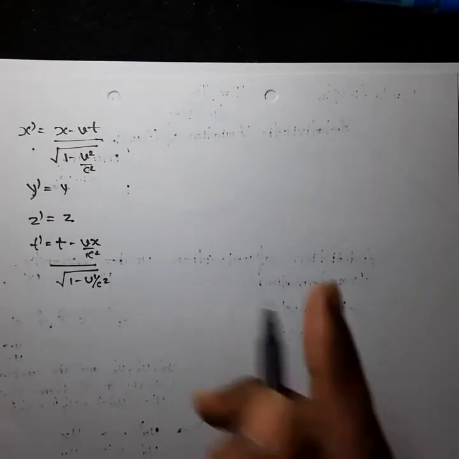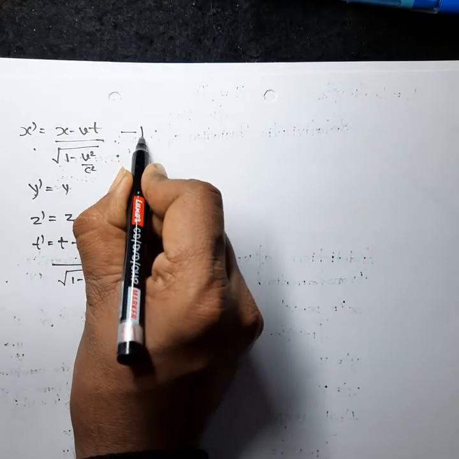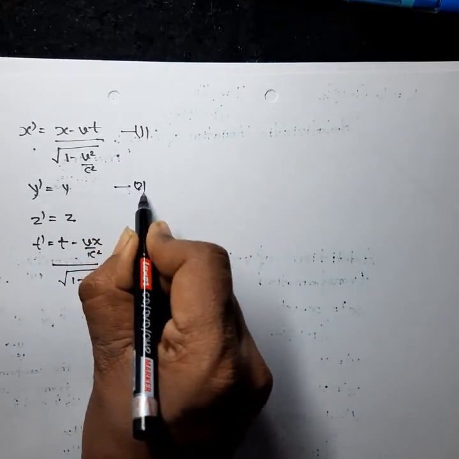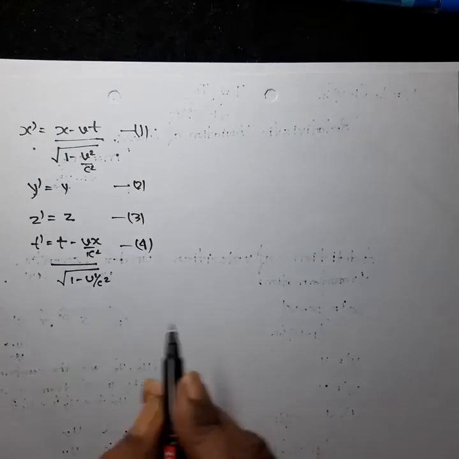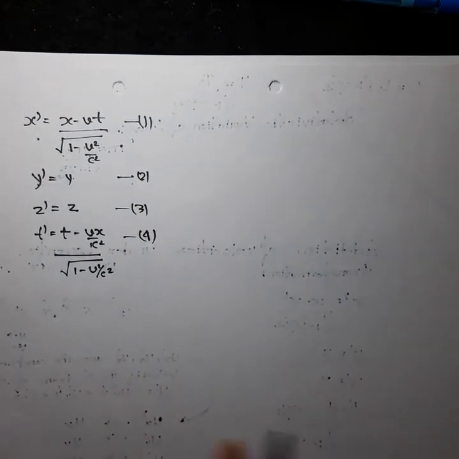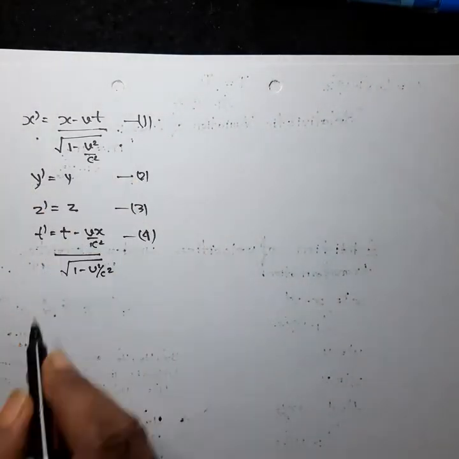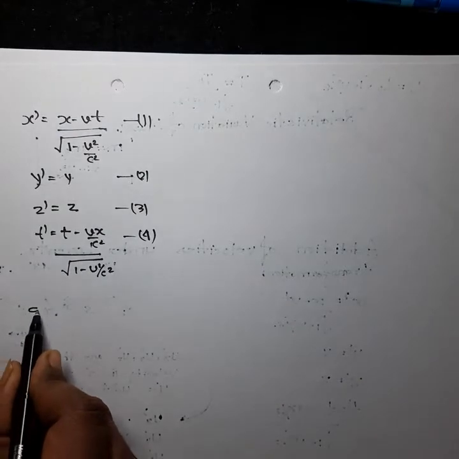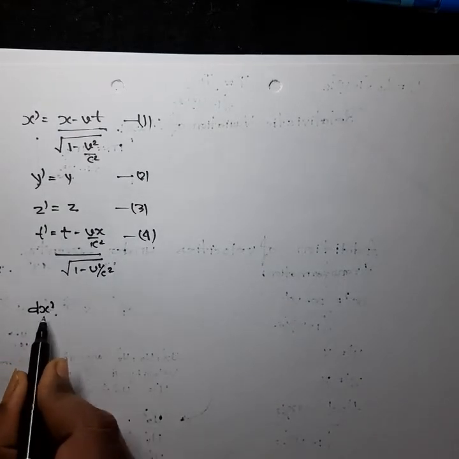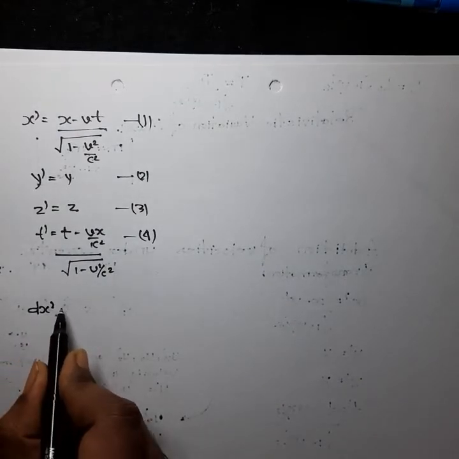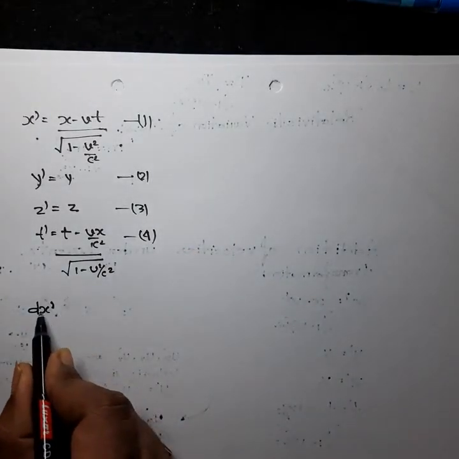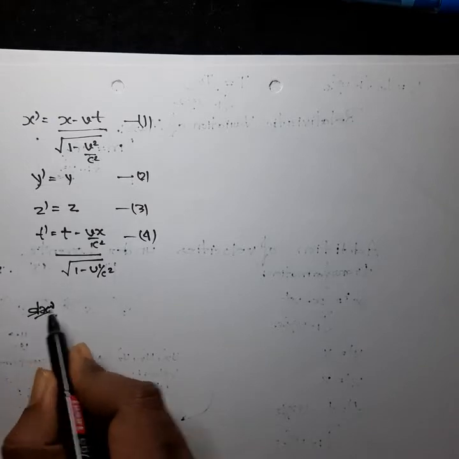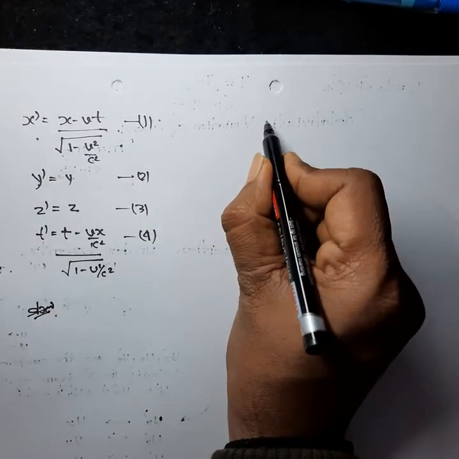Let's name these equations number 1, 2, 3, 4. What I am going to do is take the differential of equation number 1. But first I should explain how the velocity is defined.